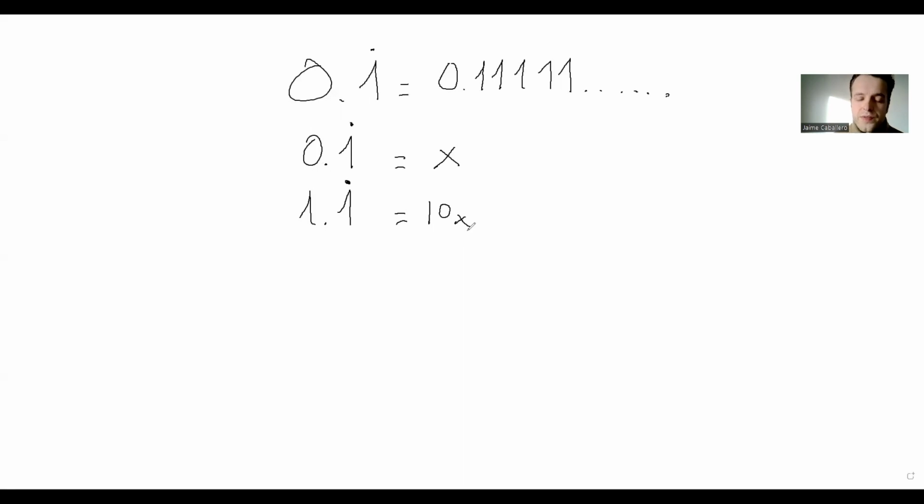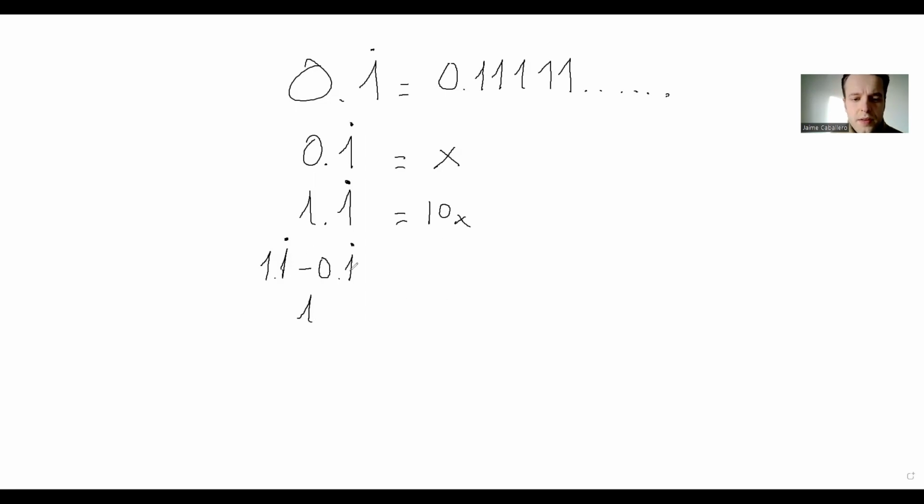Now, this is very useful because I'm going to get rid of the recurring part of the number. How am I going to do that? I'm going to subtract 0.1 recurring from 1.1 recurring. Doing so, I'm going to end up with 1.